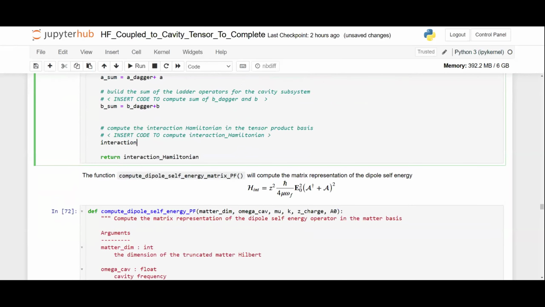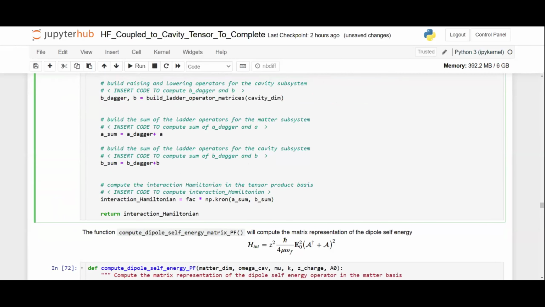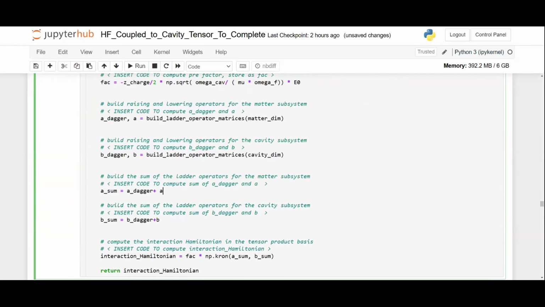So our interaction Hamiltonian is going to be the prefactor times the tensor product of the matter subsystem and the cavity subsystem. Okay. Does anyone have any questions?